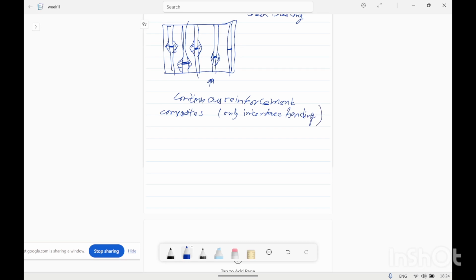Means if interface bonding is strong, the crack will be planar, and if it is weak, then the crack will be non-planar. And if the bonding is good with the ductile matrix, then the stress relaxation will happen by the blunting of crack. And if the matrix is brittle, then stress relaxation will be done by the debonding between the matrix and fiber. So now we will study the fracture behavior in discontinuously reinforced MMCs.